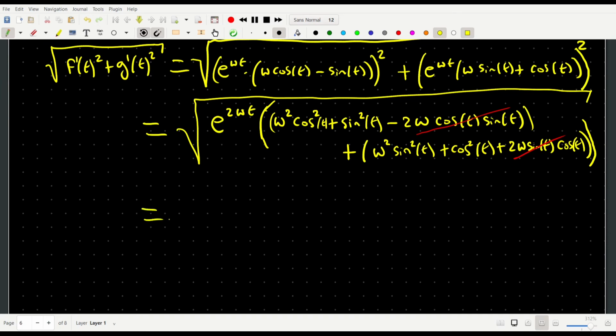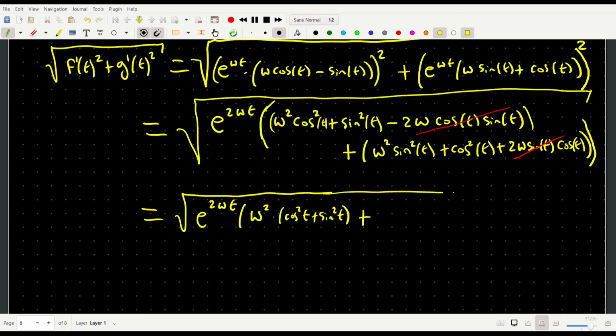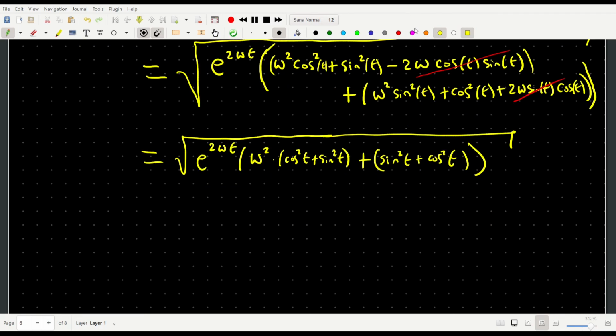And we also have that this is going to be the square root of e to the 2 times omega times t times omega squared cosine squared t plus sine squared t plus sine squared plus cosine squared, both of which are 1.